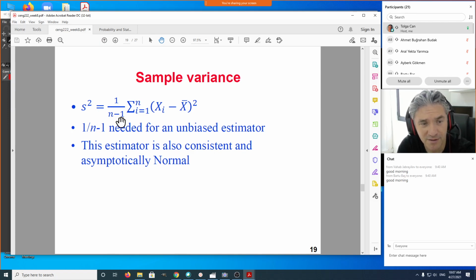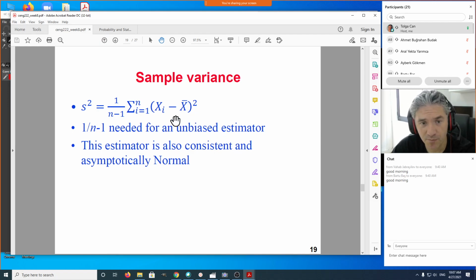Just think about it intuitively again. You write the sample variance a little bit larger than how you would compute the population variance.